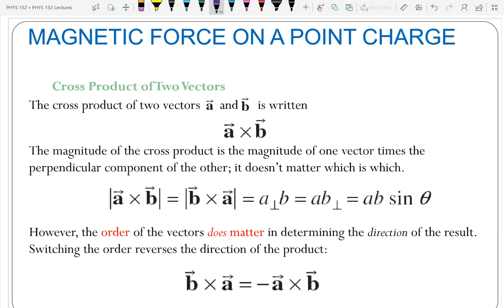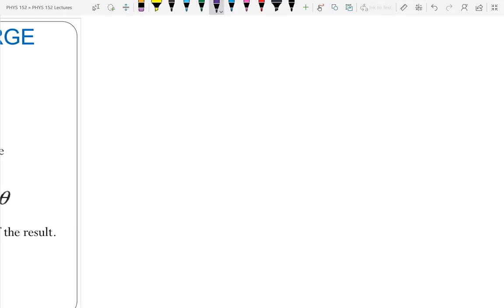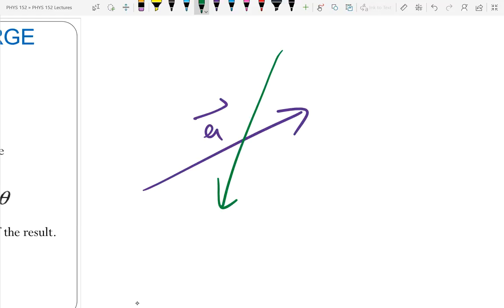So if, for instance, I have two vectors that are both on my screen, one going like this and one going like this, there are two directions that are perpendicular to both of those lines. What are the two directions perpendicular to both lines?